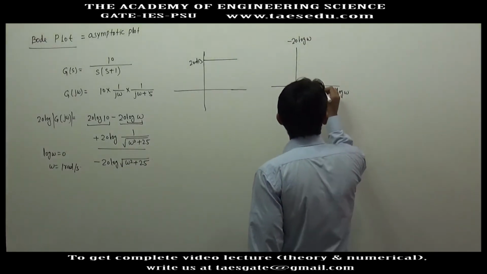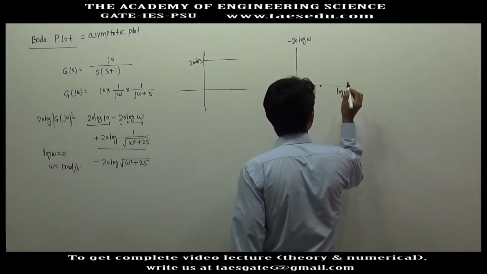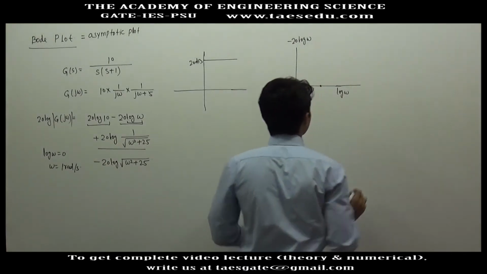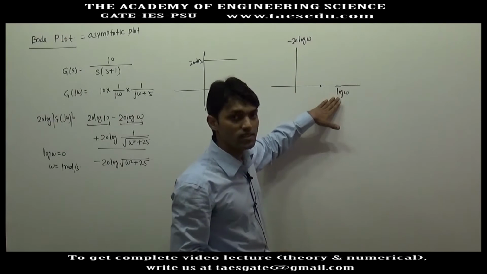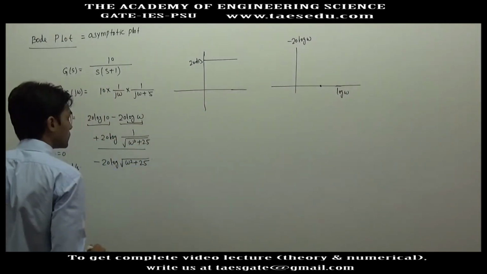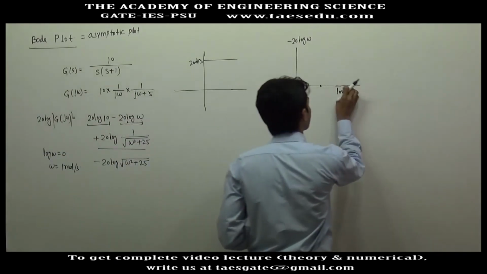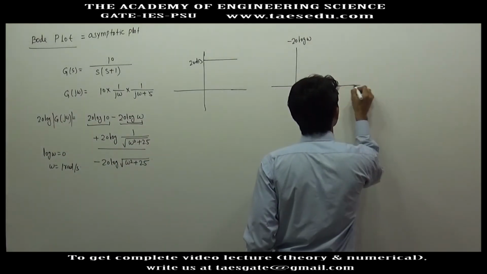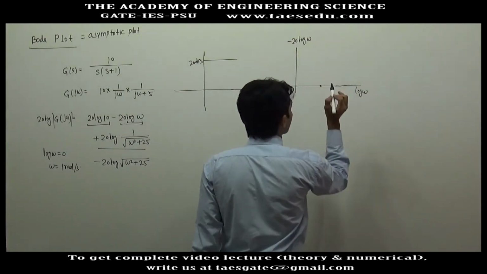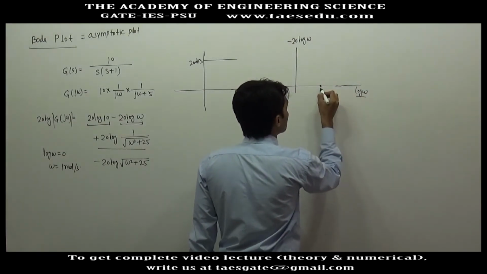So let's say at this point we have omega equal to 1 radian. As I said earlier, I will explain the omega axis versus log omega axis later. So at this point we have omega equal to 1, then log omega will be 0.